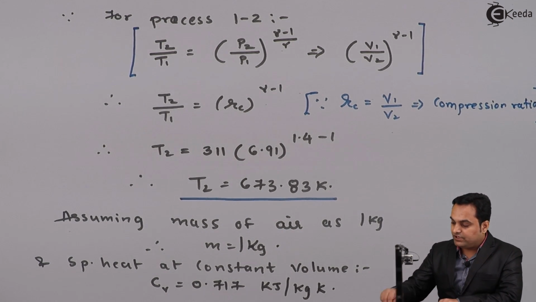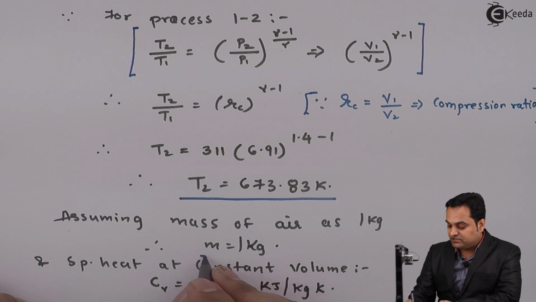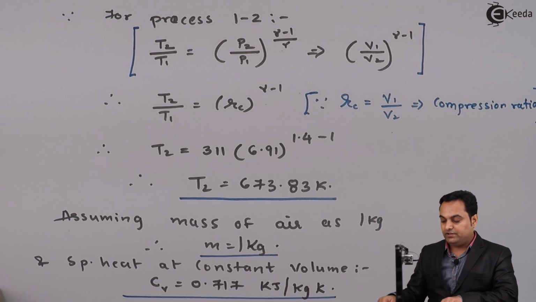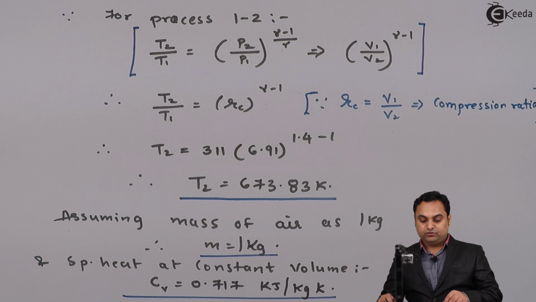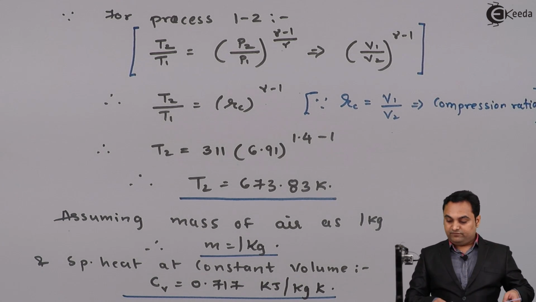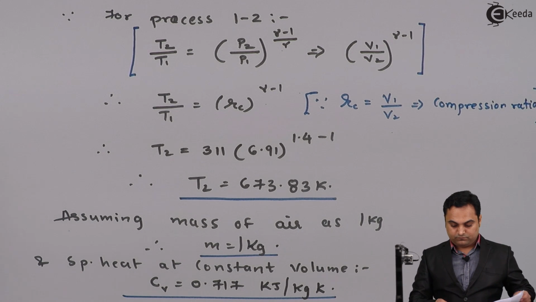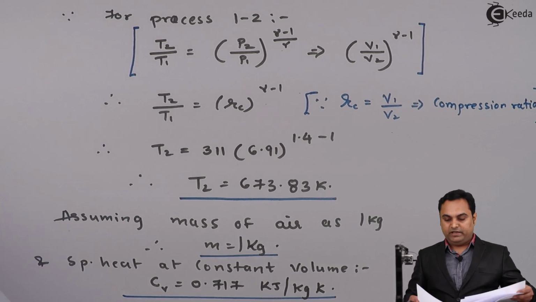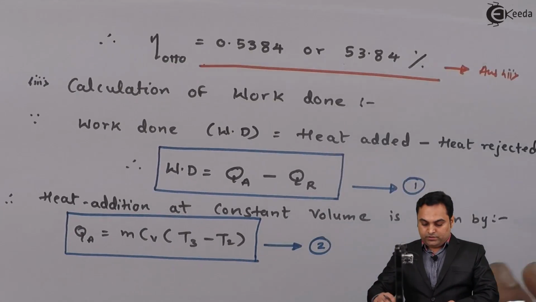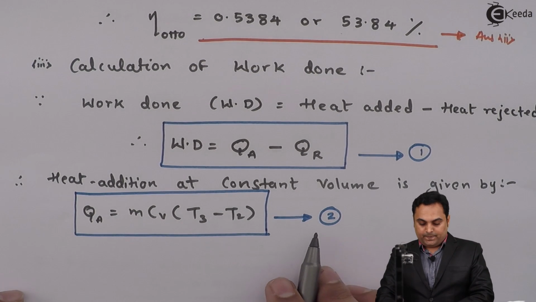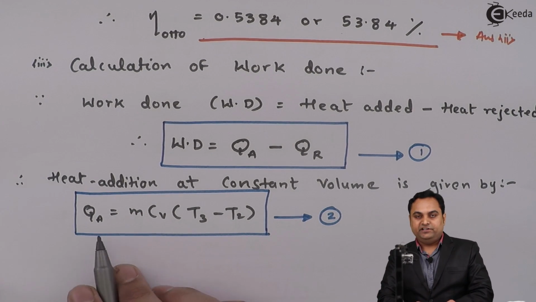So these two values I am assuming here of mass and C suffix V, that is specific heat at constant volume. Now after reaching this stage, I can put all values in equation number 2. So I will get the answer of heat added.